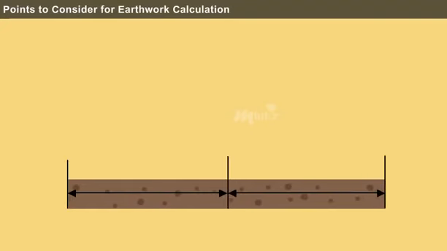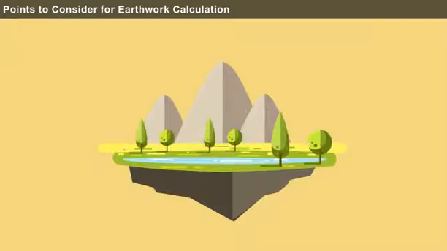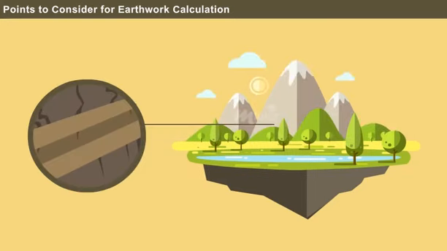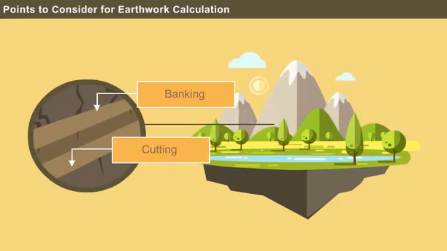Here, the earthwork is calculated by dividing the length into two consecutive stations of longitudinal sections until the entire length is covered. In a hilly country, roads are in both the banking and cutting.